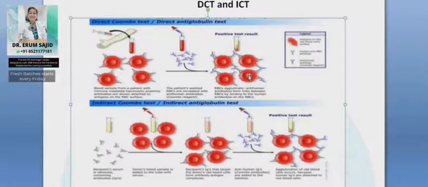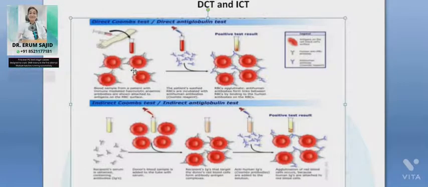Now, what is the gist behind this whole test? In the direct Coombs test, what are you trying to see? Whether the RBCs have some autoimmune antibodies. Only in that case is the direct Coombs test going to be positive. Here I'm talking about cold agglutinins, warm agglutinins, the complement cascade, whatever it is, but it is stuck onto the RBCs.